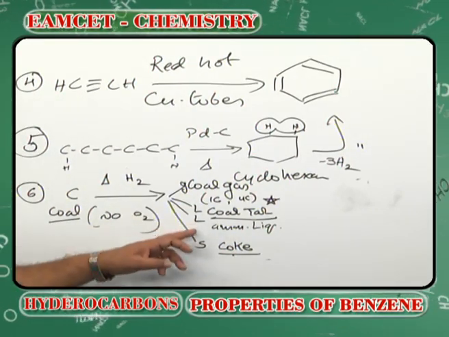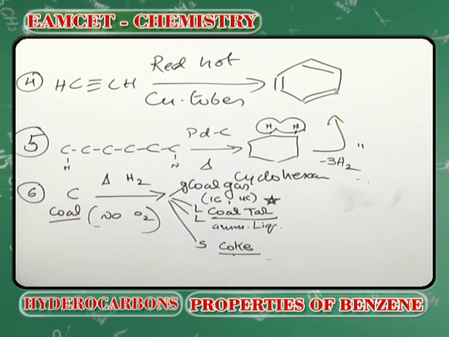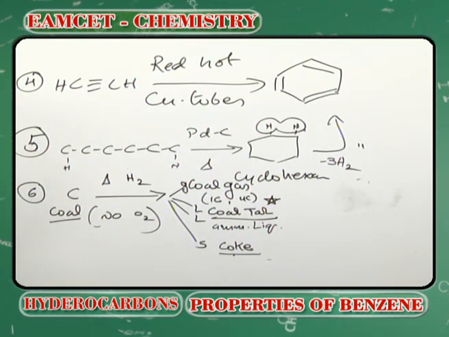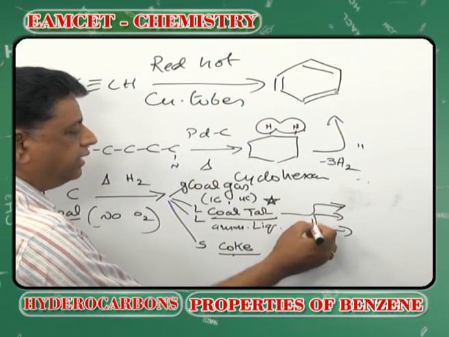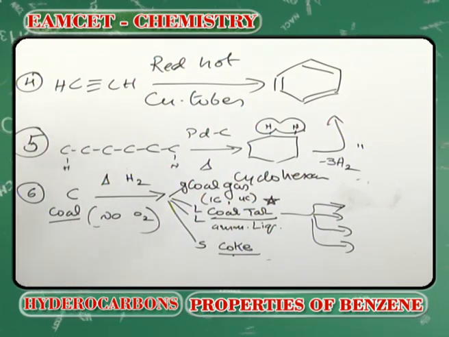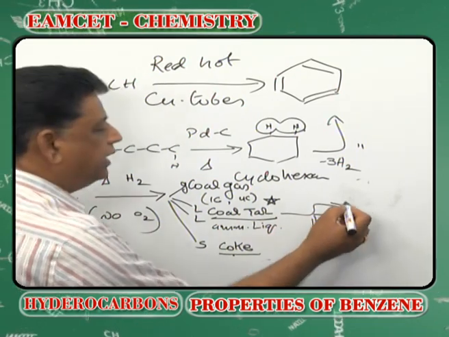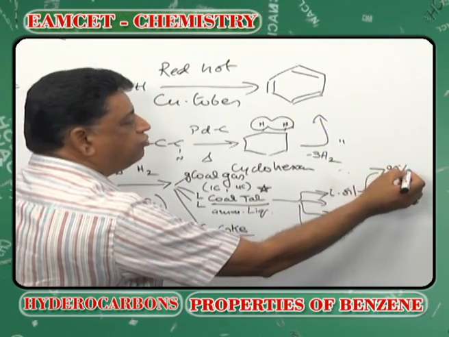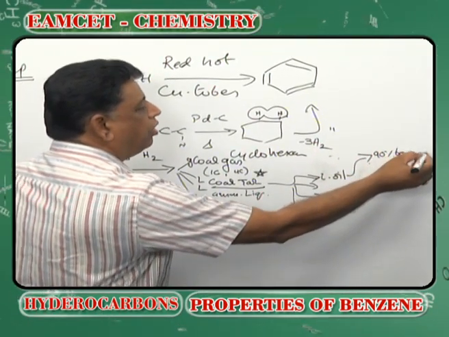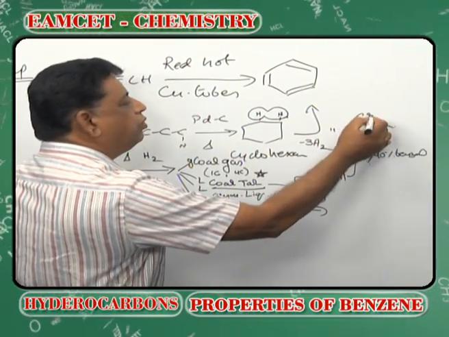Of the 2 liquids, one is aqueous and the other is organic, so one floats on the other. From the coal tar, on further distillation, you will get different types of light oil, heavy oil and so on. From the light oil, on further distillation, you will get 90% benzol. This benzol on further distillation gives crude benzene.